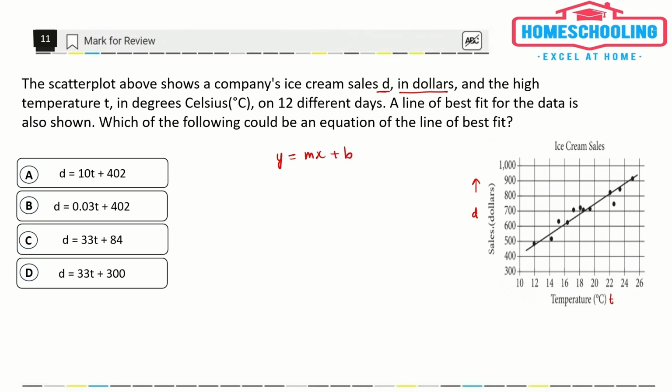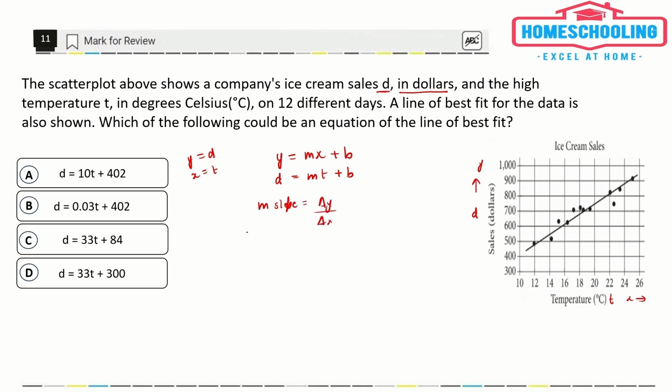On the y-axis we have D, dollars, so y is equal to D. On the x-axis we have temperature T, so x is your temperature. So we can replace y and x with dollars and temperature. So D = mT + b. Now, as we know, m is your slope. So slope is delta y by delta x.